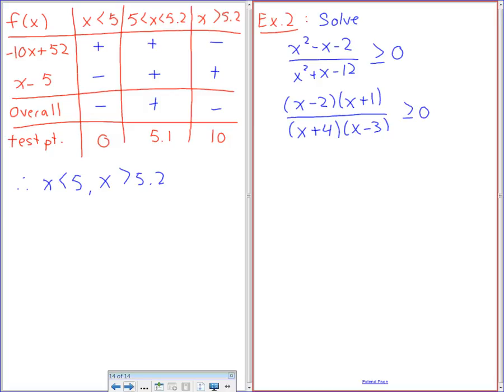Lana Lawrence, the two things we need for this are our x-intercepts and our vertical asymptotes. Two vertical asymptotes, 3 and then 4. Foxton, what are my x-intercepts, please?